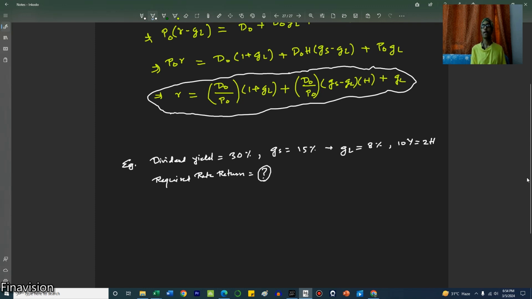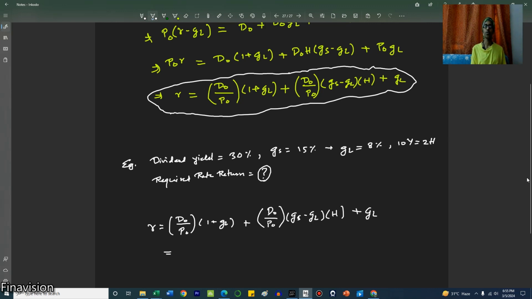Okay, so here we already know the formula, right? R is equal to D0 by P0. This is nothing but the dividend yield. D0 by P0 into 1 plus GL again plus D0 by P0 into GS minus GL into H plus GL.